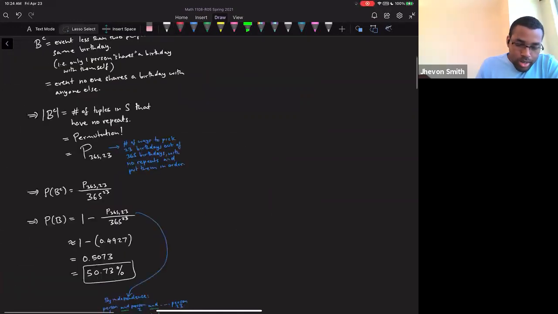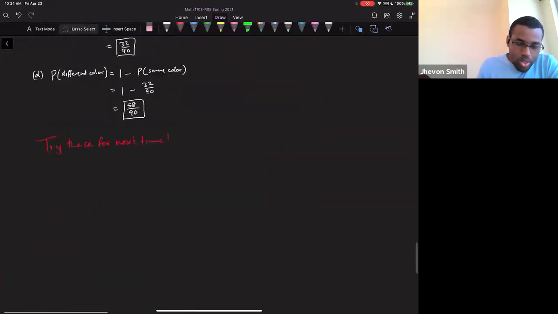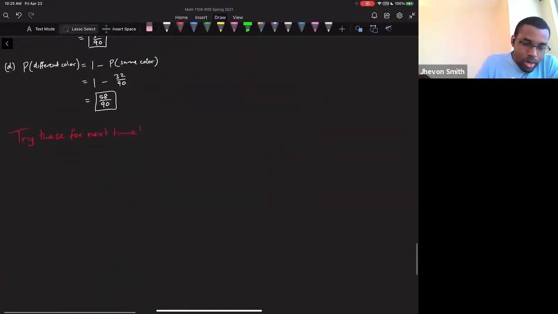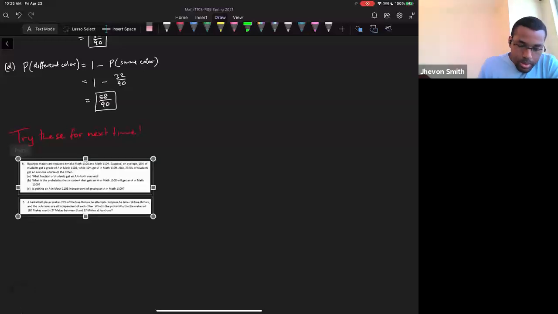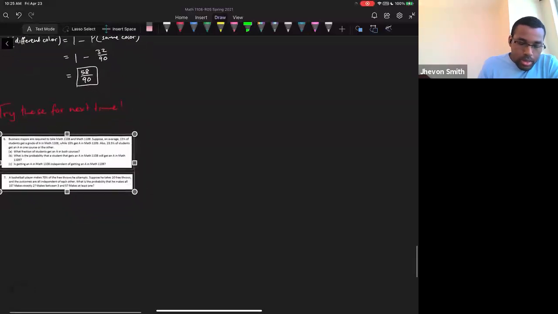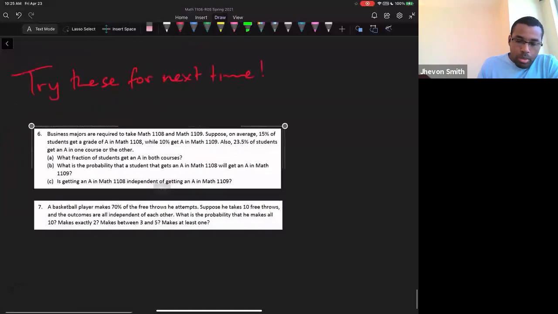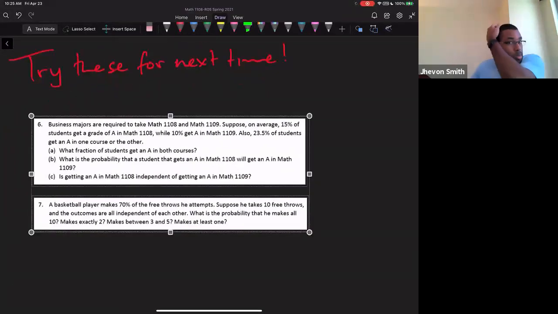Once we figure it out, you're going to realize that I don't want to have to do that every single time, and we're going to come up with a shortcut. But problem 6 is very important because it's a problem like that where I'm going to test whether you really understand what independence or mutually exclusive means.